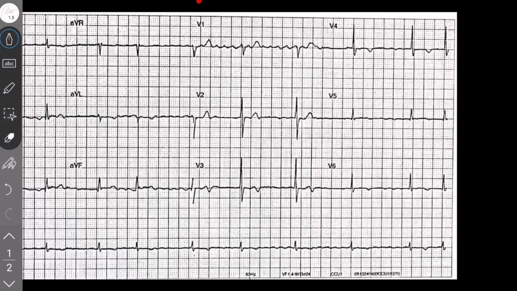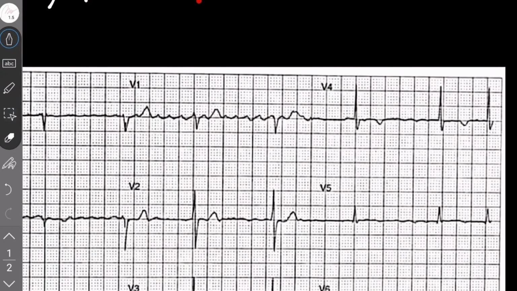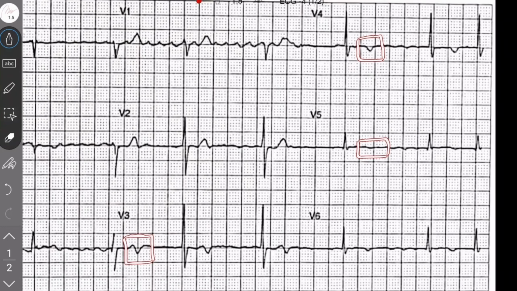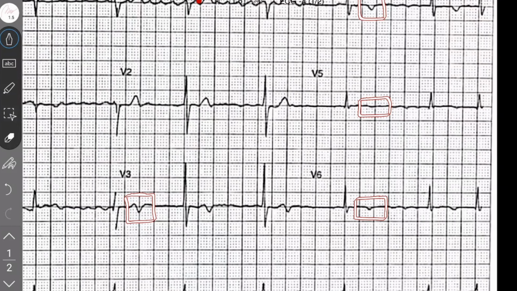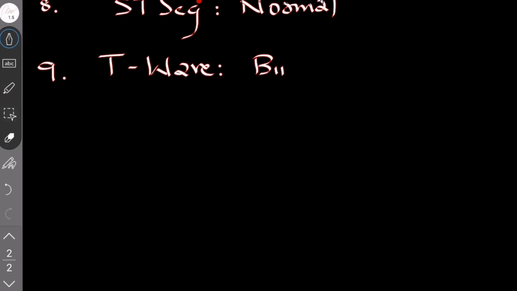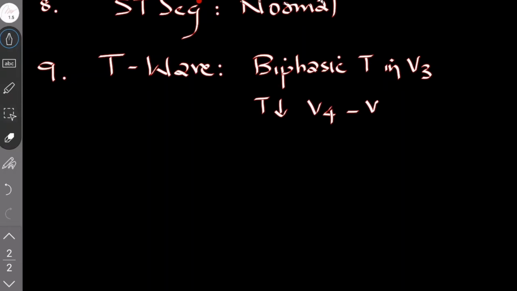Yes. In V3, it is a biphasic T wave. In V4, we see an inverted T wave, and in V5 and V6 also an inverted T wave. So you can clearly write biphasic T wave in V3 and T inversion in V4 to V6.